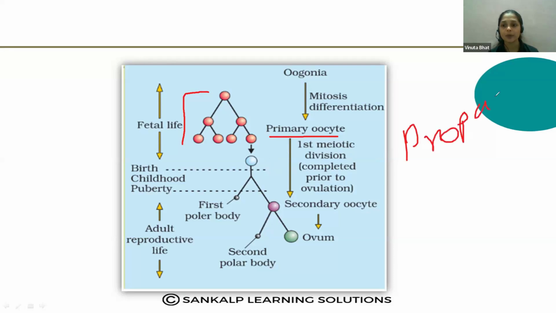Remember, prophase 1. The meiotic division in the primary oocyte is arrested at the prophase 1 stage.